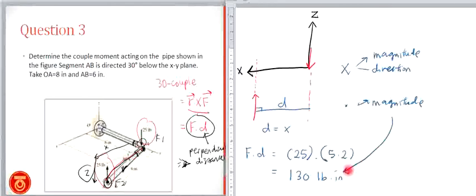So this is the magnitude. So how to get the direction? As I told before, you can see this is clockwise, so that is negative, and the axis of this rotation is J. So this is how you can use another method.